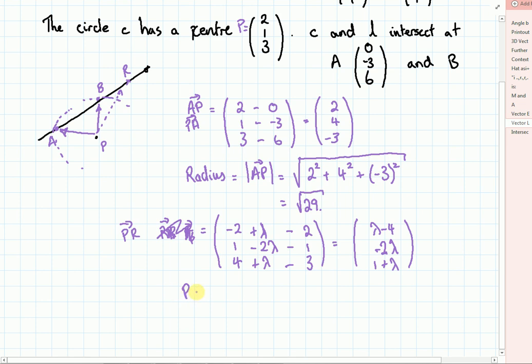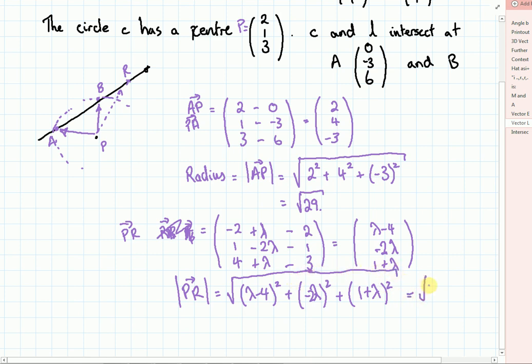So P to R, the magnitude is a quadratic of this: the square root of lambda minus 4 all squared, plus minus 2 lambda squared, plus 1 plus lambda all squared, and we're saying this must equal the square root of 29.